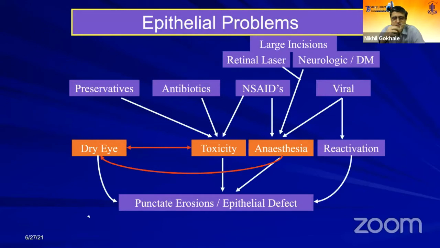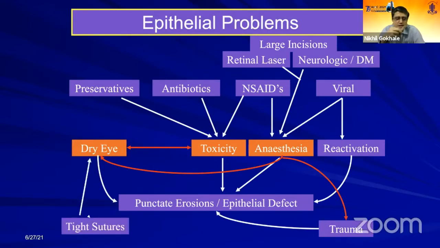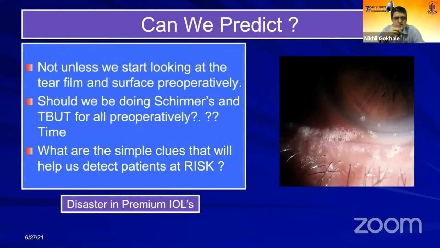Similarly, some patients may have a subtle viral disease which could get reactivated after surgery and present with surface problems and then an epithelial defect. Patients with poor sensation are more prone to trauma while putting in drops, which might complicate things. And as I said, sometimes tight sutures can cause a Dellen effect and cause dryness of the ocular surface.